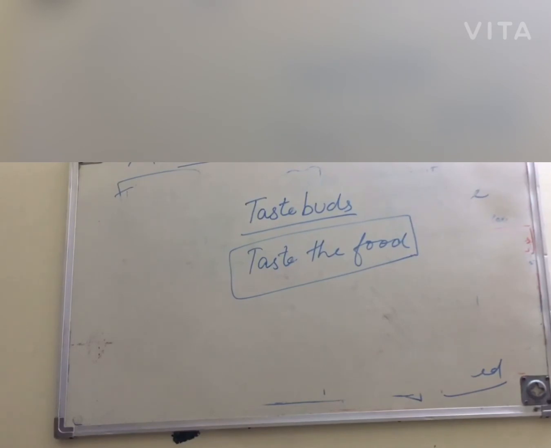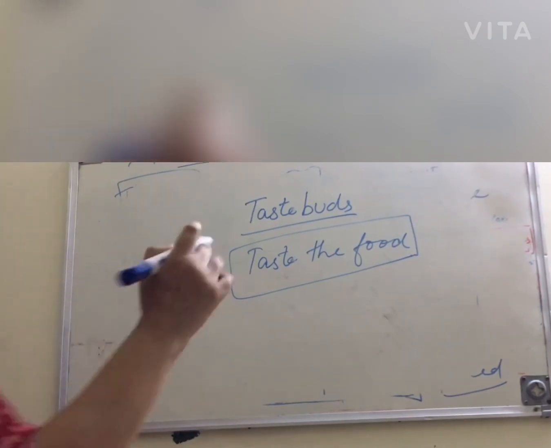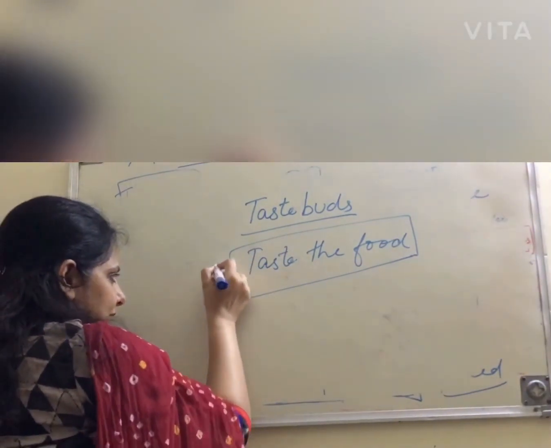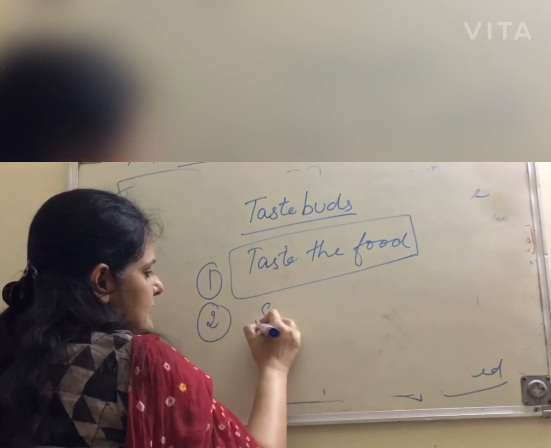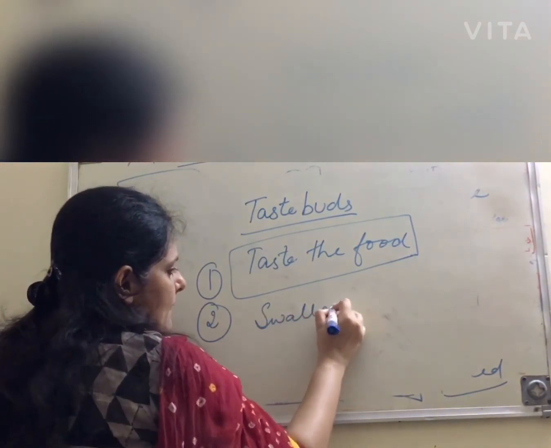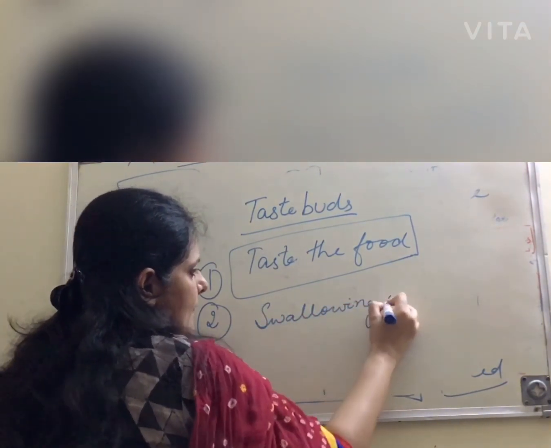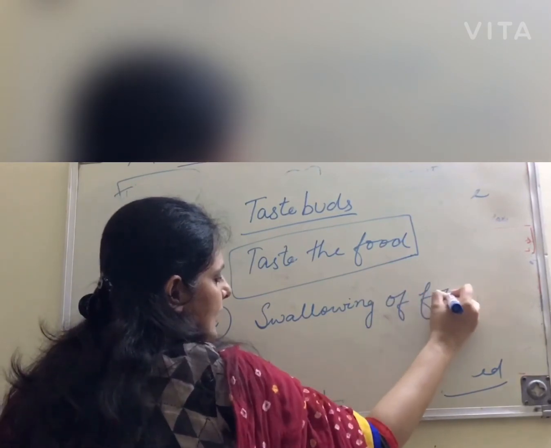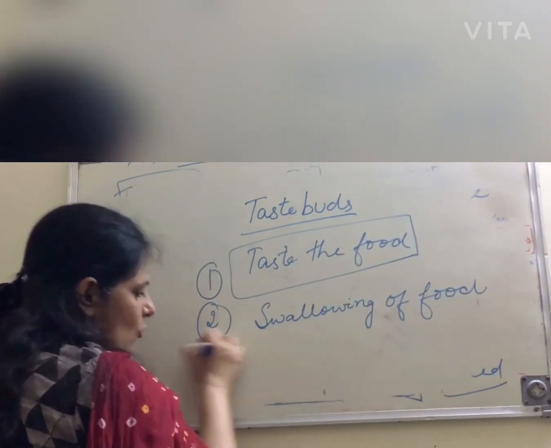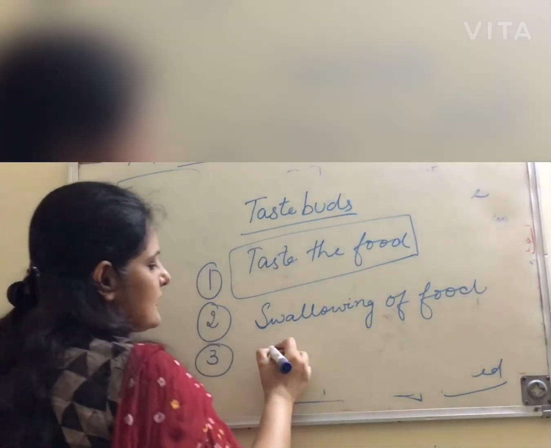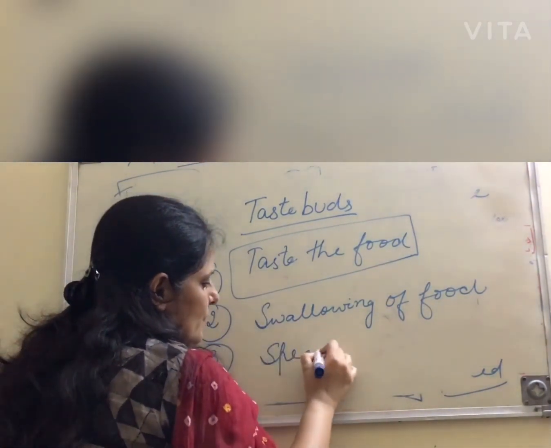It helps in swallowing the food, and it helps in speaking. So the main functions of the tongue: it tastes the food, helps in swallowing of food, and most important, it helps in speaking also.